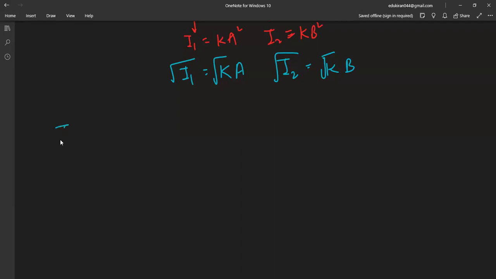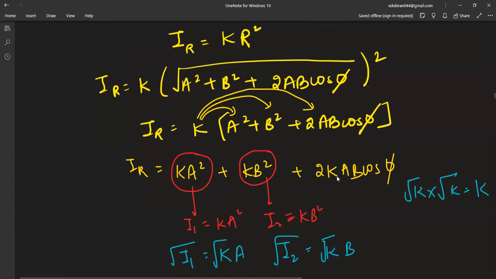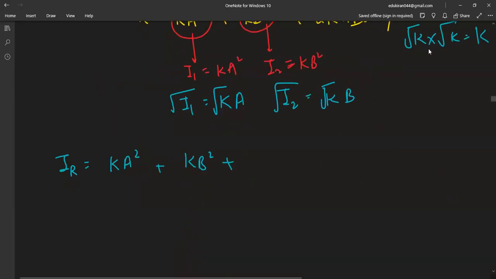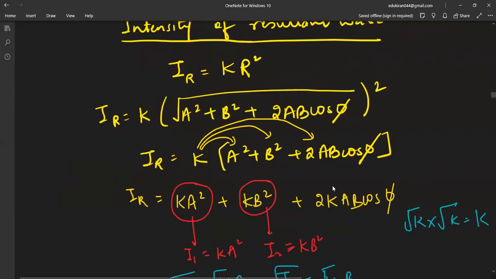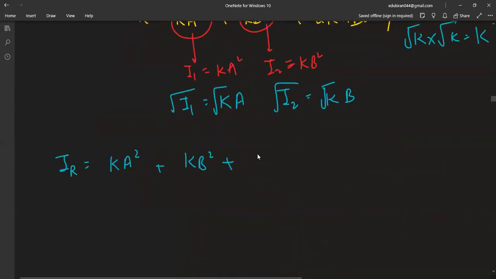Now I resultant is Ka square plus Kb square plus 2Kab, correct? K I am writing as under root k into under root k. Root k into root k will give you k. So this will be 2 root k into root k into a into b into cos phi.